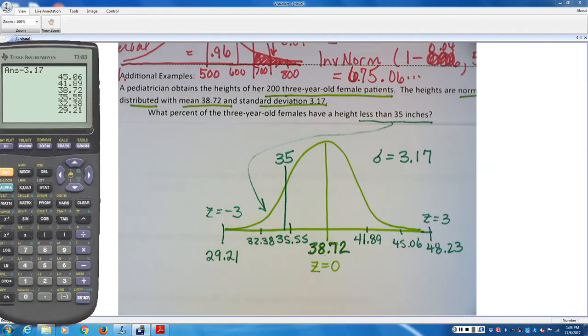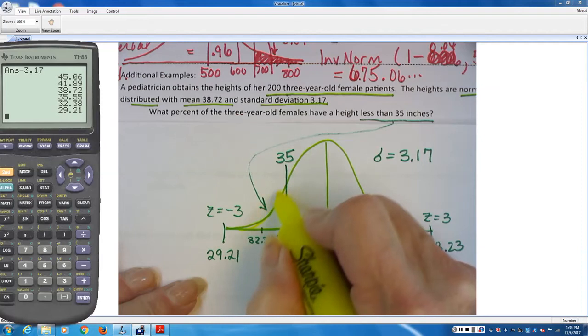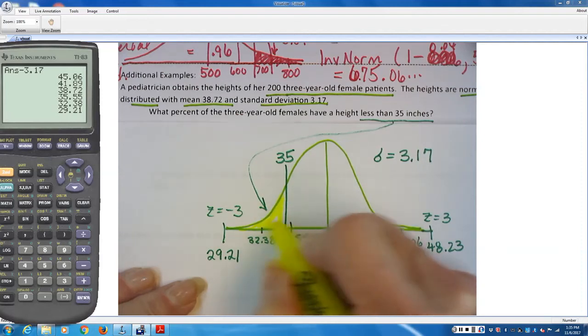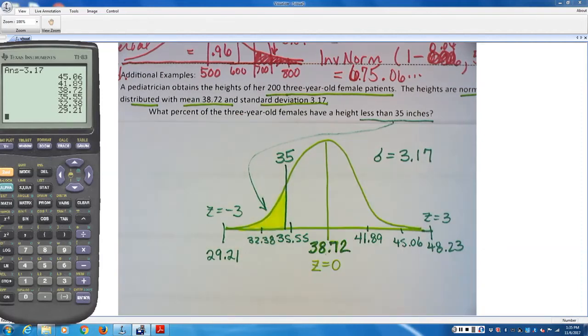So there's your 35. And the area that we're looking for, or the area that we're given, is that area right there.